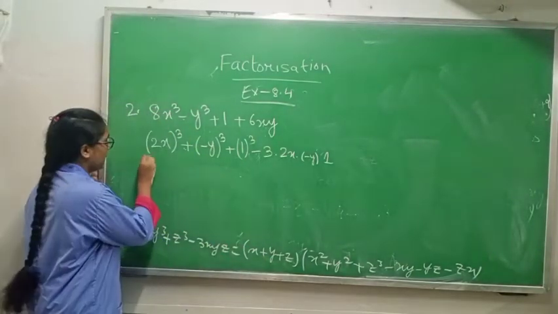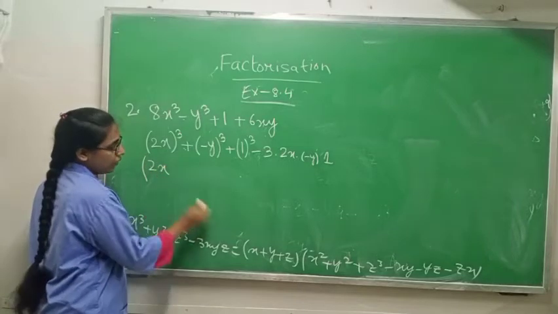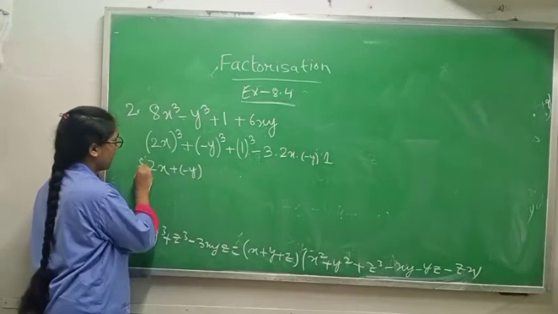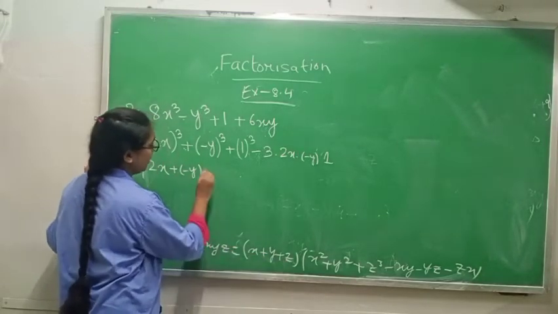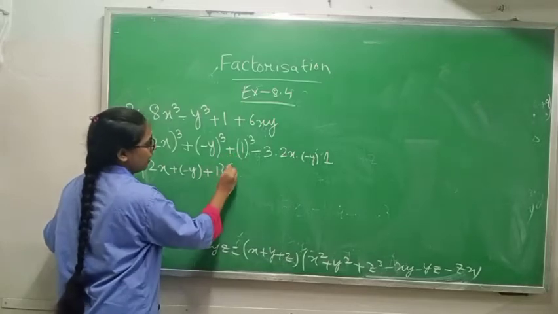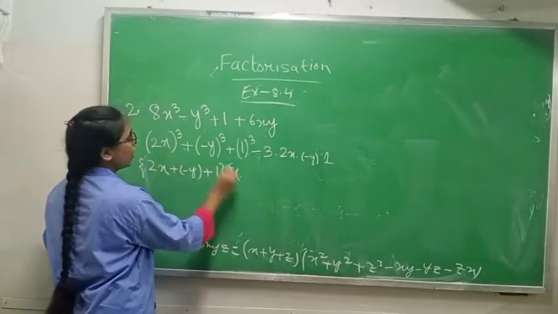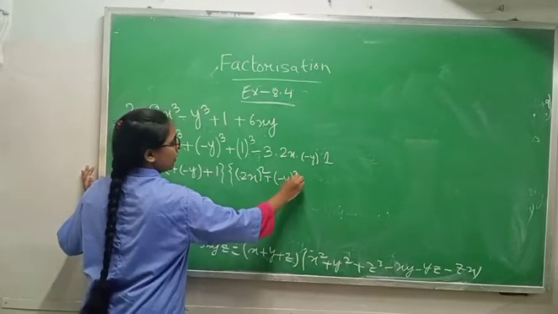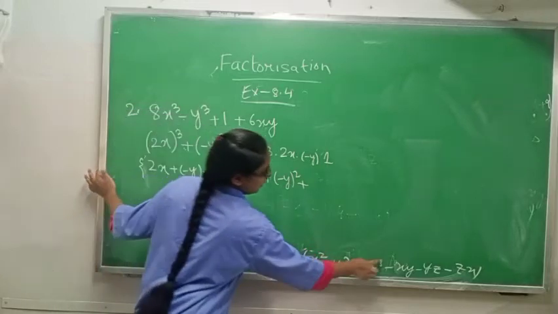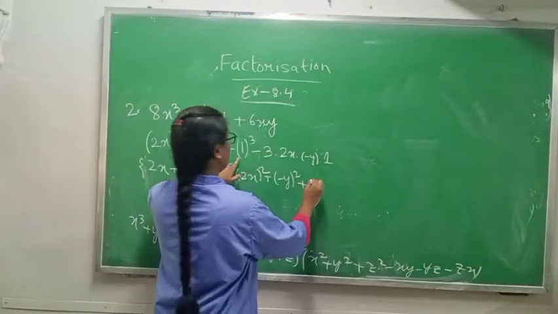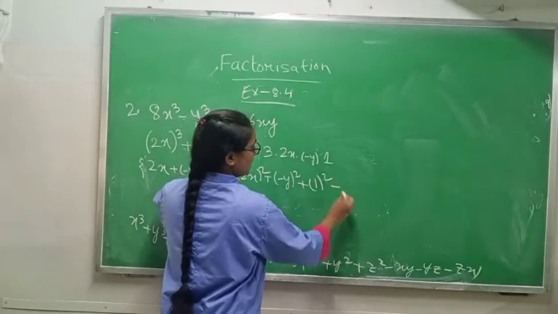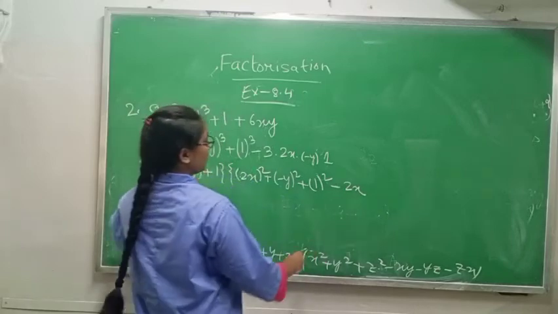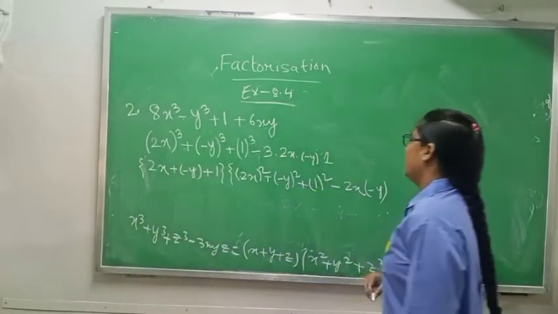x plus y plus z means x is 2x, y is minus y, so plus, write minus inside the bracket, plus z is 1. Again x square means (2x) whole square plus y square means (minus y) square plus z square, z square means 1 square, minus xy, x is 2x, y is minus y, so we will write it inside the bracket so you will not get confused.